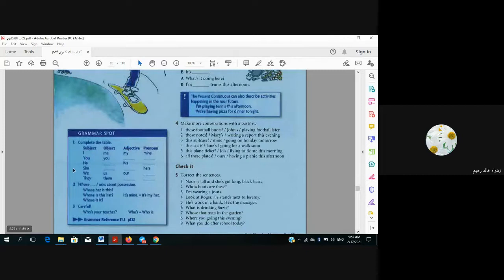Look at the grammar spot. Complete the table. We have subjects and they are I, you, he, she, we, and they, and we have object. The object of I is me.